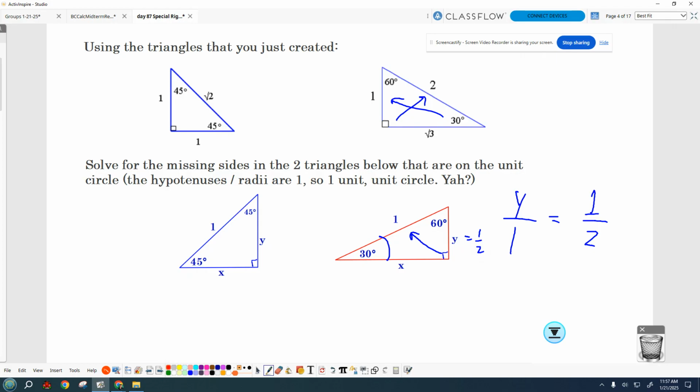So how are we going to find out what x is across from 60, versus the thing I've memorized across from 60, equals 1 I was given across from 90 and across from 90?